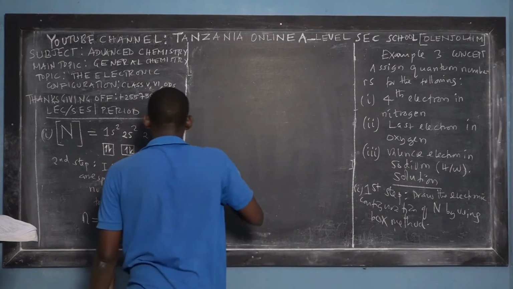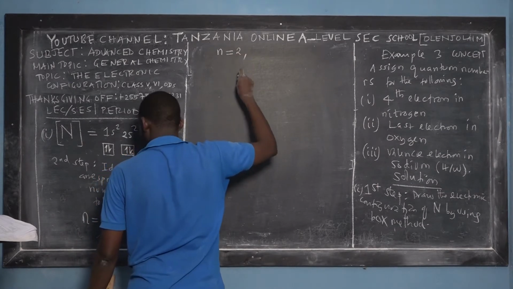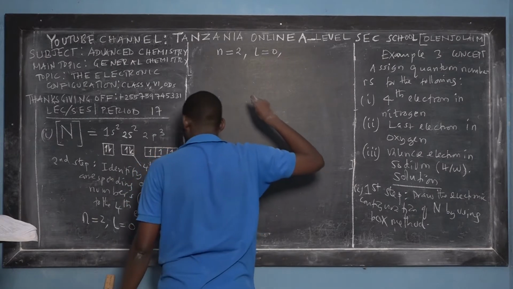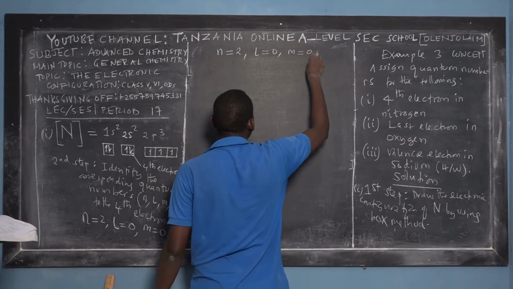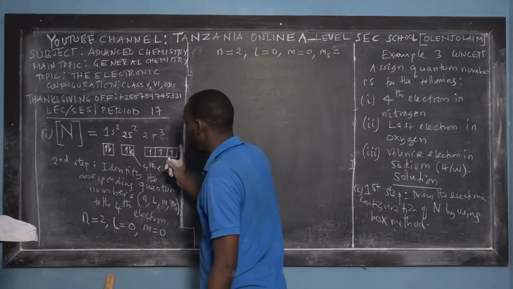So this is the way that you write. We say that the corresponding principal quantum number is n equals 2, the subsidiary quantum number is l equals 0, the magnetic quantum number m is equal to 0, and then the spin quantum number for the first electron.